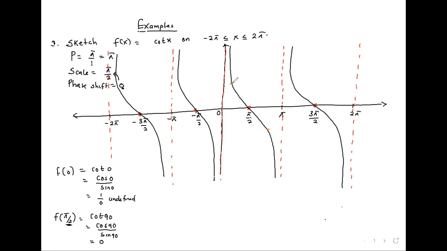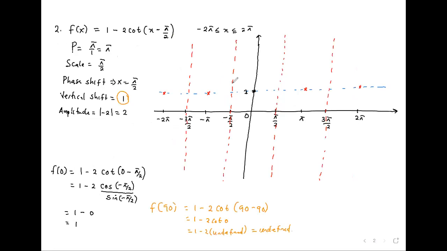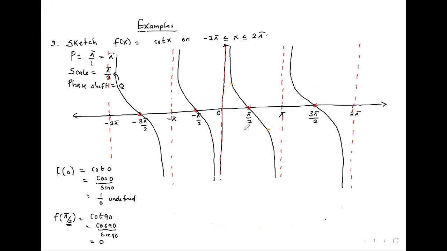I deliberately skipped that point so that I bring it now here, where we have a shift. After I have a shift of 1 vertically, and the amplitude is 2, we know at 3 and at -1, that is where, when we are graphing, when cot is negative, your graph does not orient the same way the positive one orients.